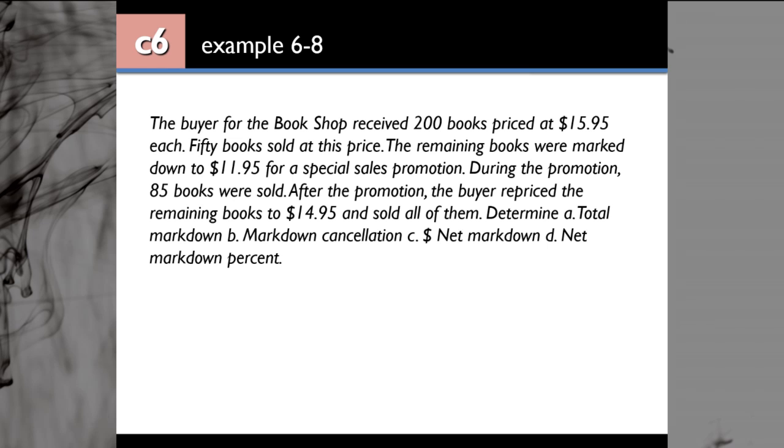This is more like an advanced version of the question, right? But you can do it. So let's go ahead and do this. You can calculate total markdown, and also, because there's markdown cancellation, you can calculate that, and you can calculate net markdown if you know those two, and you can calculate net markdown percent if you know this dollar net markdown and your actual sales.